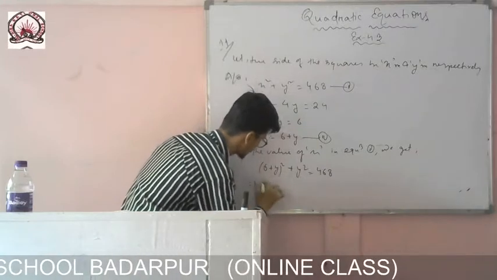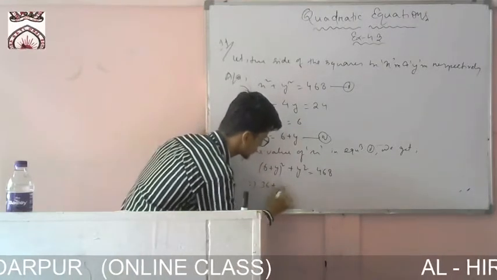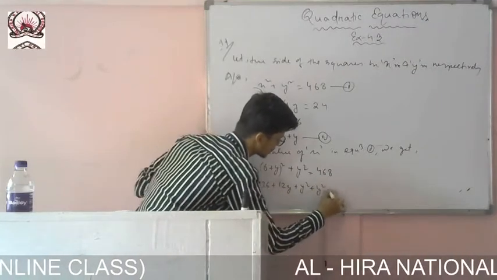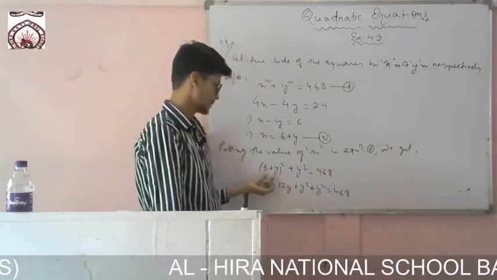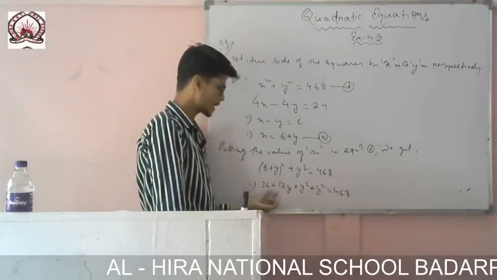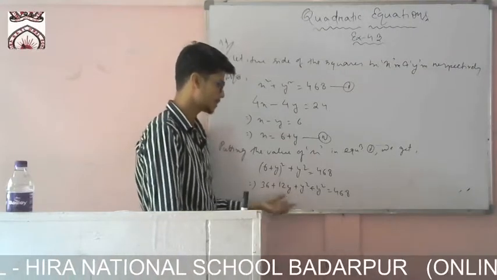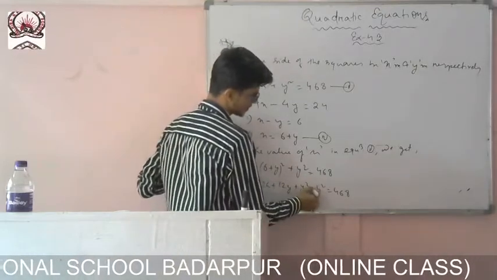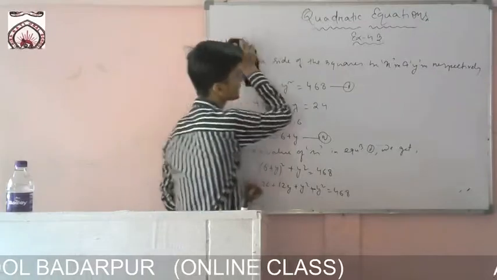So it will be 6 square, 36, plus twice of it, 2 6s are 12y, plus y square, and again y square, equals 468. Are you getting me? Here I used a plus b whole square equals a square plus 2ab plus b square.